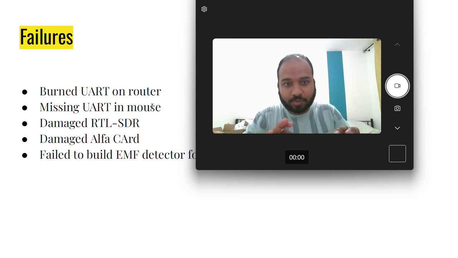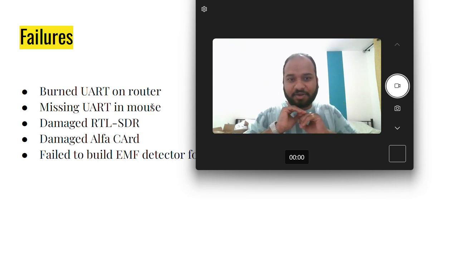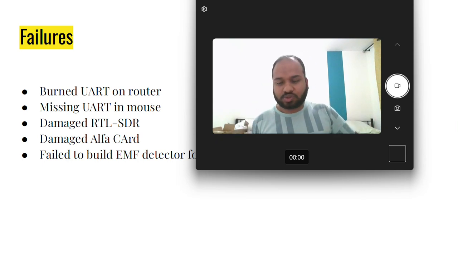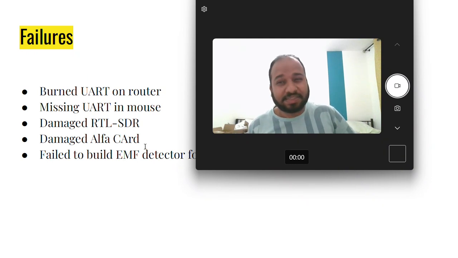The more failures, the more cool experiences. Let me be clear with that, guys. I am not sure if I'm going to discuss each and every one of these failures because I don't want to bore you guys. It will be a bit off topic, but I'm going to discuss some of the mistakes which can be avoided.